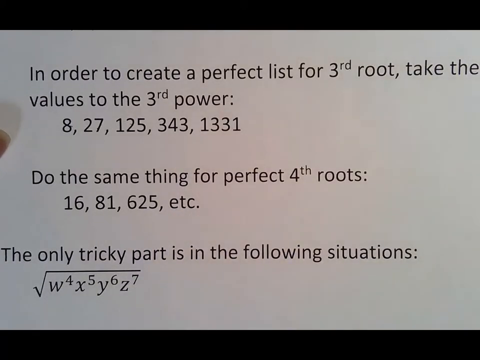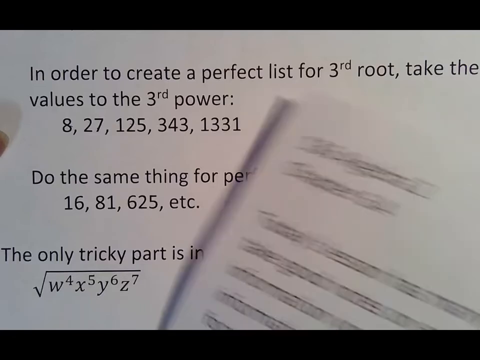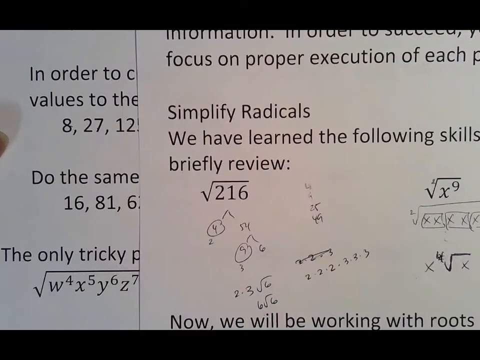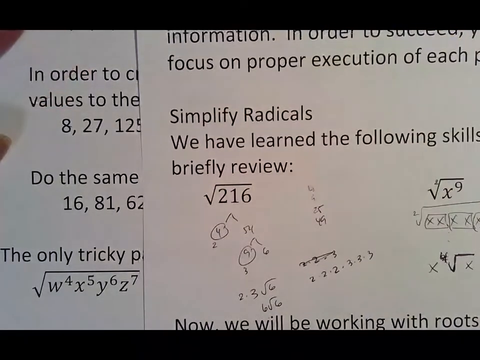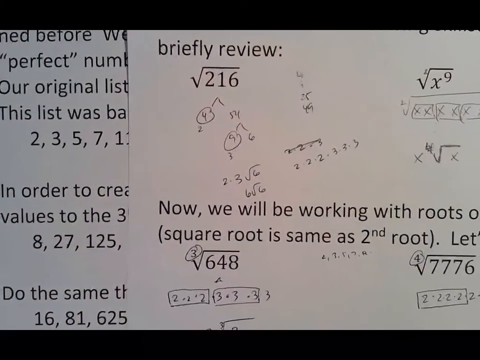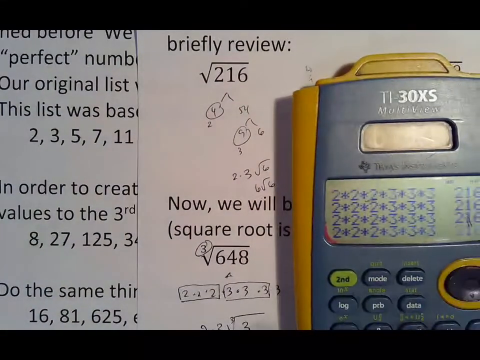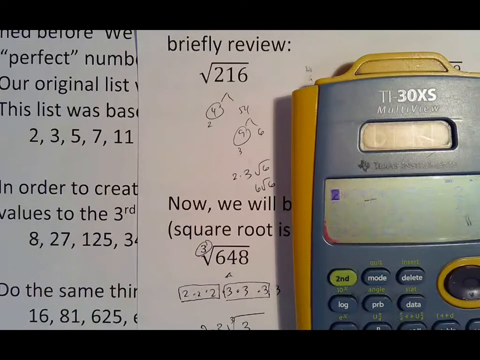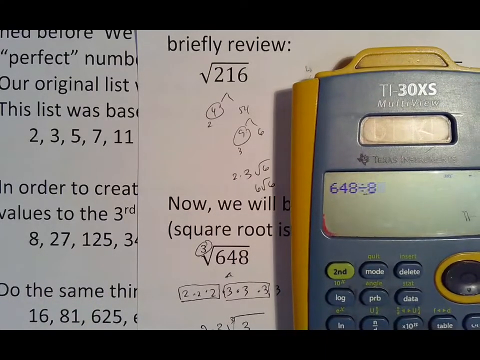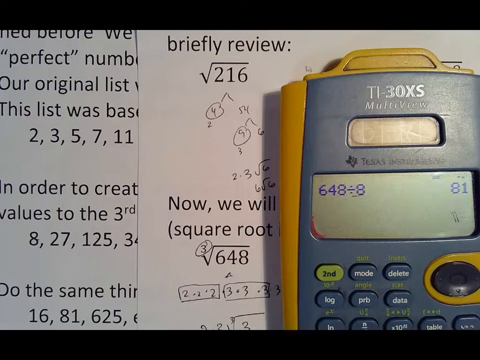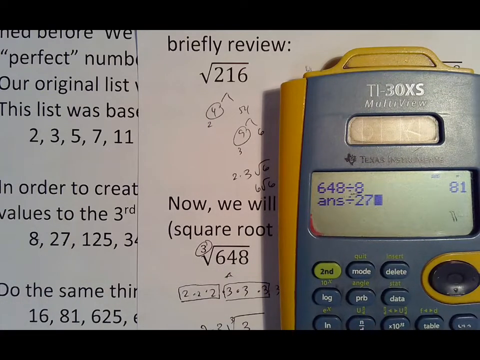So looking back here, using the 4, 9, 25 idea, we could have taken the 648, using this number here. Let me get all this on the screen. The 648, we could have said, well, 8 is our first nice number, so we could have done 648 divided by 8 and broken it down to 8 times 81, and then 27 goes into 81.